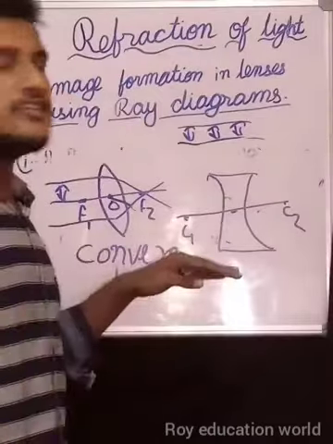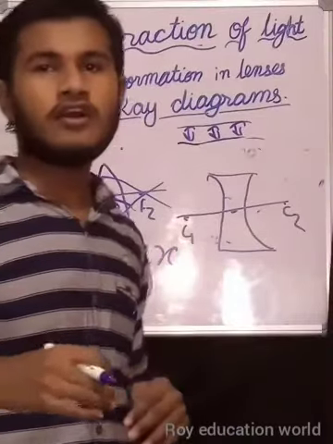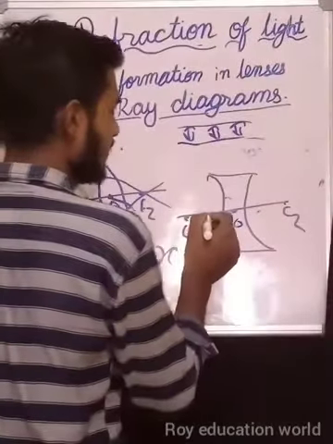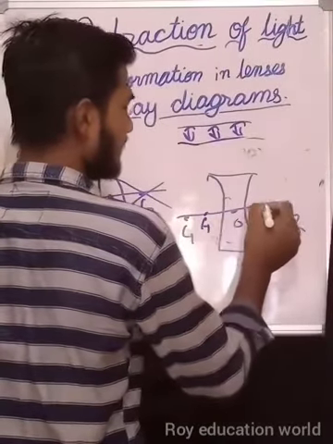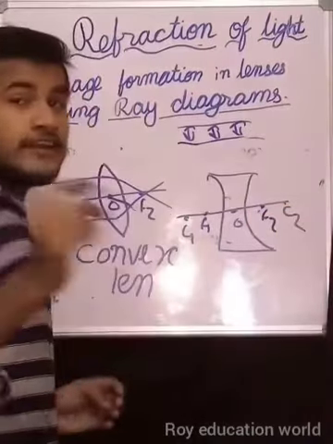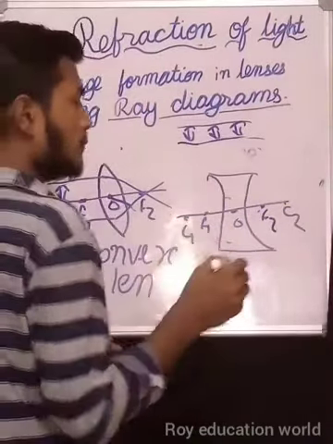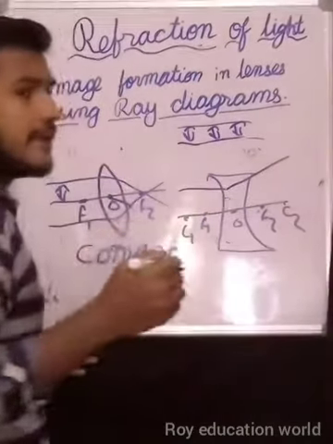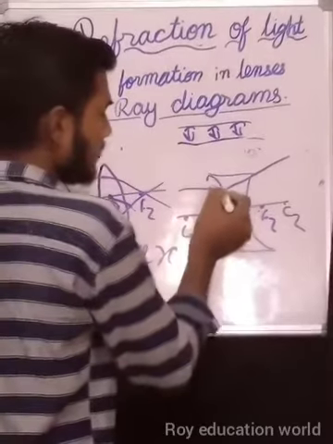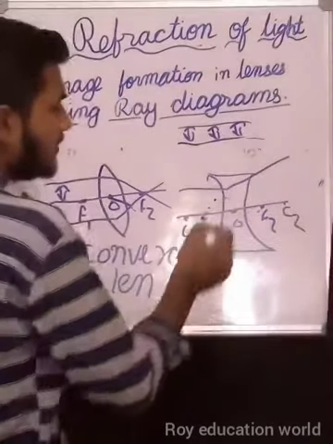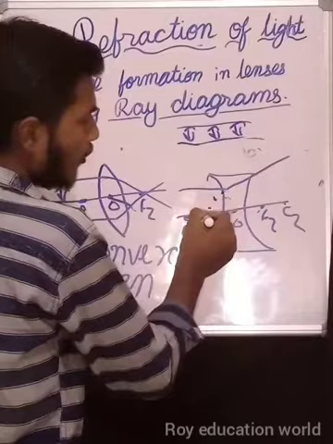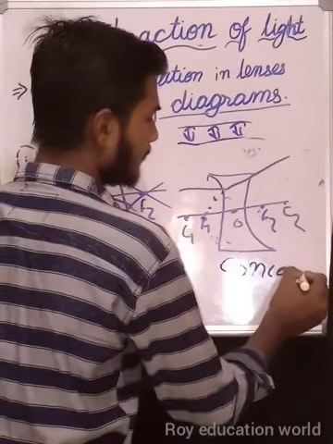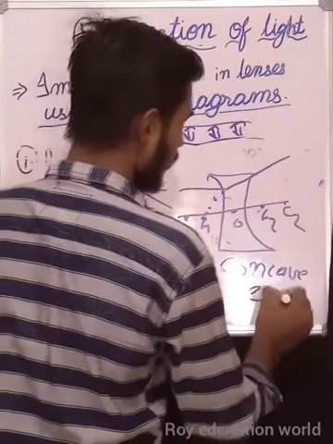The line passing from C1 to C2 is known as the principal axis, and this is the optical center, and this is F1 and this is F2. When a ray of light comes parallel to the principal axis, after refraction it appears to be passing from the focus. It appears to pass from the focus in case of a concave lens.